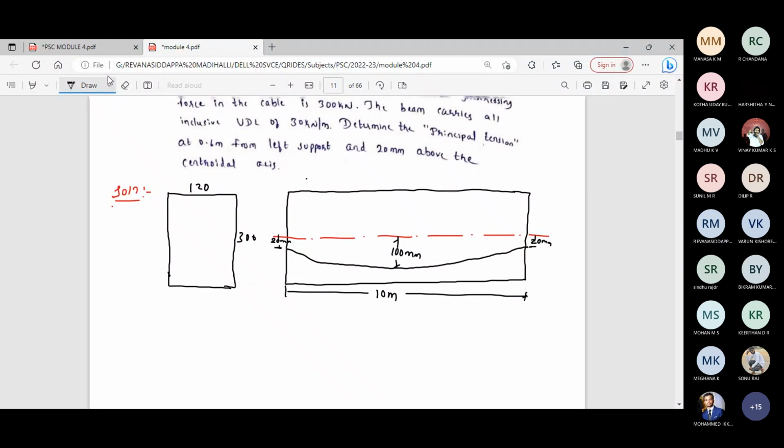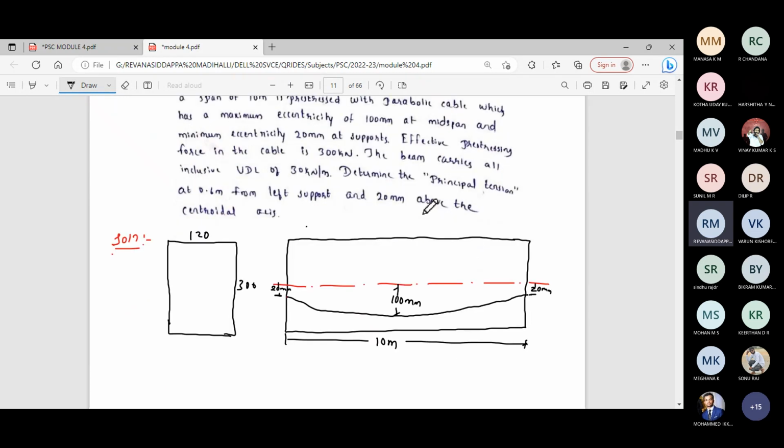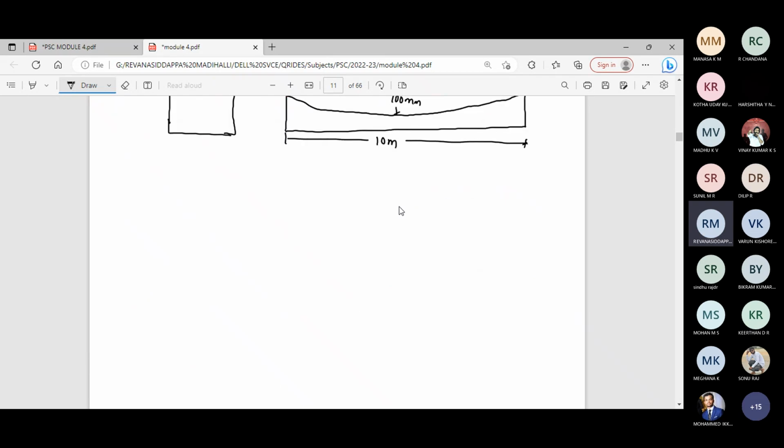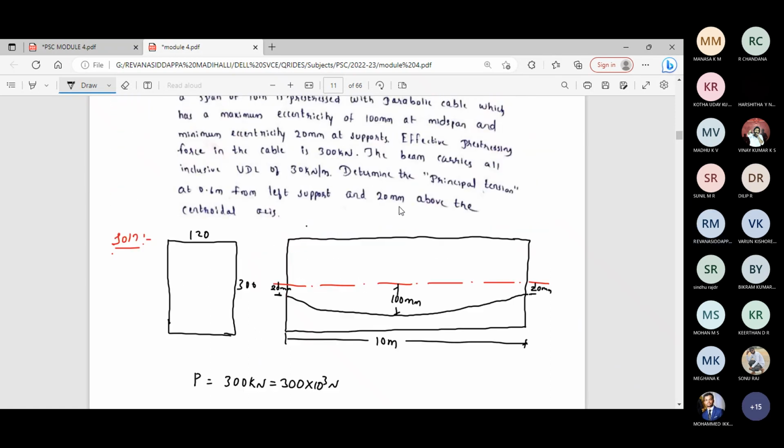Then the effective pre-stressing force in the cable is 300 kilonewton. Pre-stressing force P is given as P is equal to 300 kilonewton or 300 into 10 power 3 Newton. The beam carries all inclusive UDL of 30 kilonewton per meter. All inclusive UDL means including the self weight of the beam and live load, the total load.